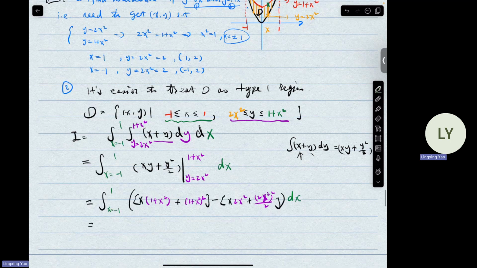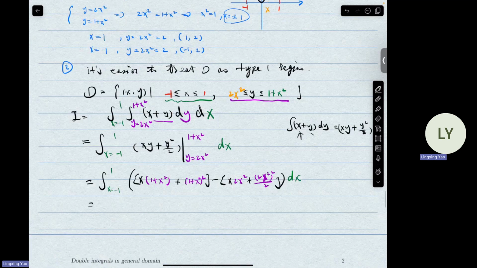All right, so now let's clear it up. We have a lot of x, but essentially they are all just some power of x, right? So they are just polynomials of x.